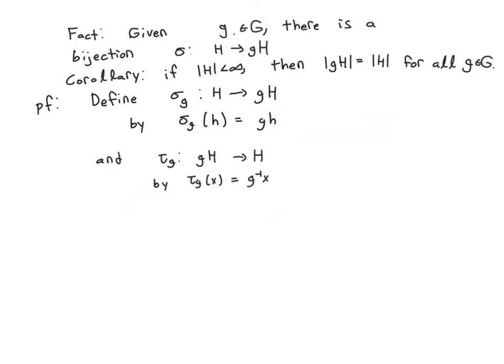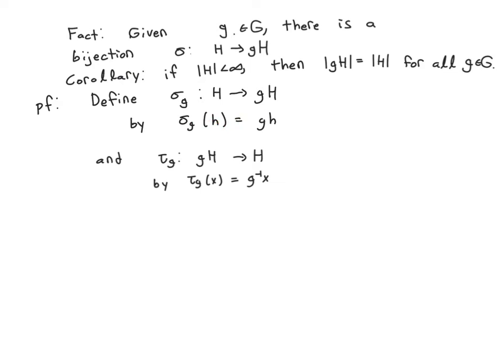So here we go. Sigma from H to GH. What's H? It's a subgroup. It consists of elements of the form h. What do elements in the coset look like? They look like things that factor as G times an element in H. What could the function look like? The only obvious thing that would make sense is to send h to G times h.